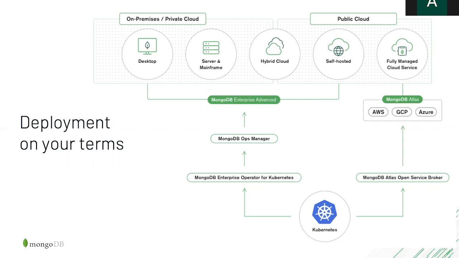We offer MongoDB Enterprise Operator for Kubernetes, which is a native integration with Kubernetes for services and managing those services, together with MongoDB Ops Manager for Kubernetes, which provides an additional control plane to the operator and allows you to manage MongoDB in day 2 operations. So regardless of the way of deployment and management of those services, your application will consume the same document model and the same MongoDB query language, regardless of where MongoDB is running.